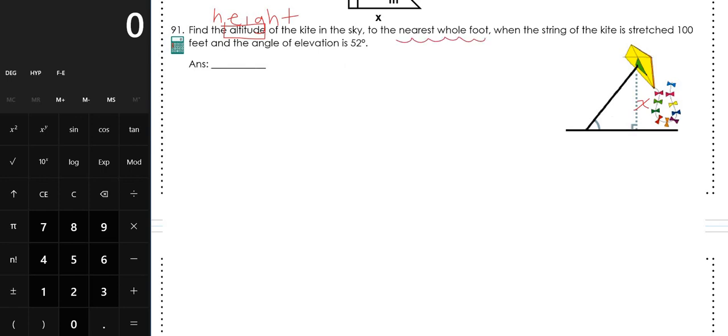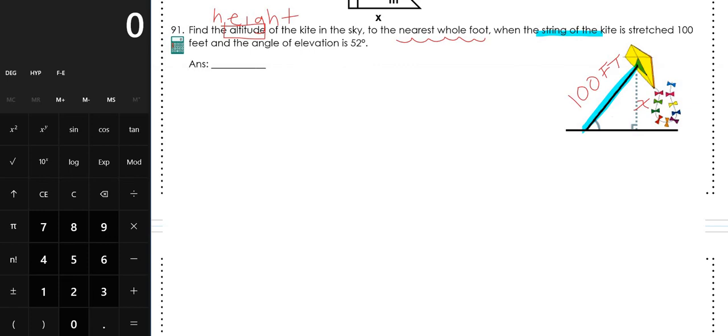Then they're saying that they want the altitude to the nearest whole foot. So you're going to the nearest whole number when the string of the kite is stretched 100 feet. In this diagram, the string of the kite is the slanted hypotenuse right here. So they're saying when that string is stretched 100 feet. So I'm going to label in that this is 100 feet.